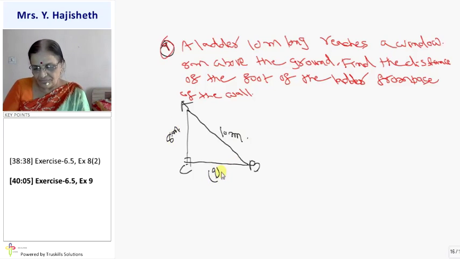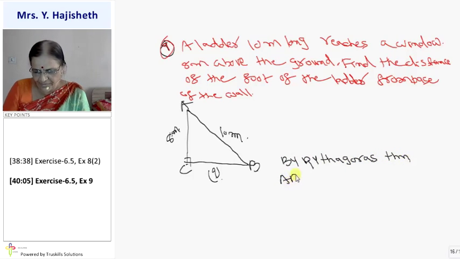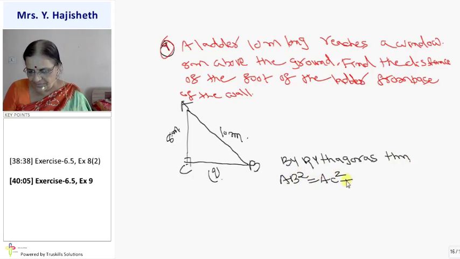See, to find BC, what will we apply? By Pythagoras theorem, what I can write? AB square is AC square plus BC square. Such a simple sum.